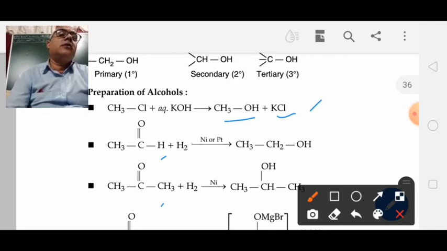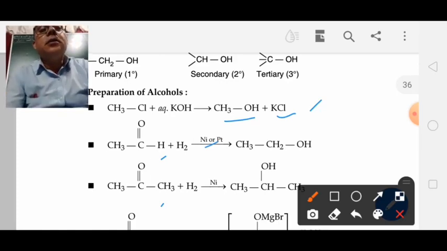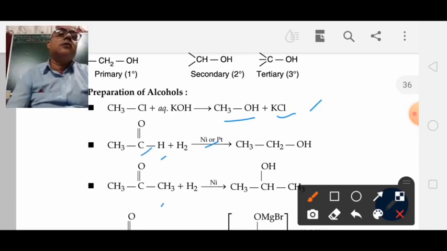As you know, aldehyde gives primary alcohol. Nickel and platinum reduce the aldehyde. Here is the double bond with oxygen. This one is acetaldehyde, and ethanol is formed. Similarly, ketone is reduced to give secondary alcohol. Thus you can get primary alcohol from aldehyde and secondary alcohol from ketone.